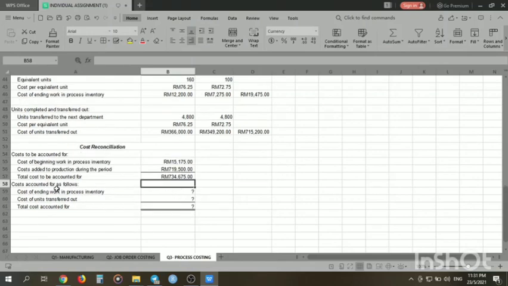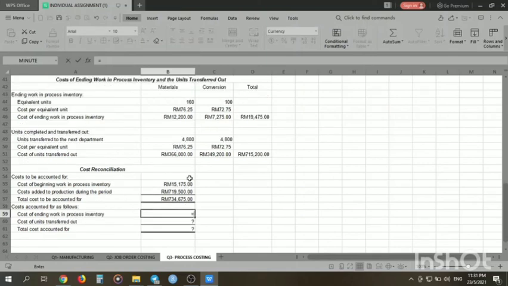For cost accounted for as follows: cost of ending work in process inventory, we only took the total here in cost of ending work in process inventory and units transferred out, and same goes to cost of units transferred out.